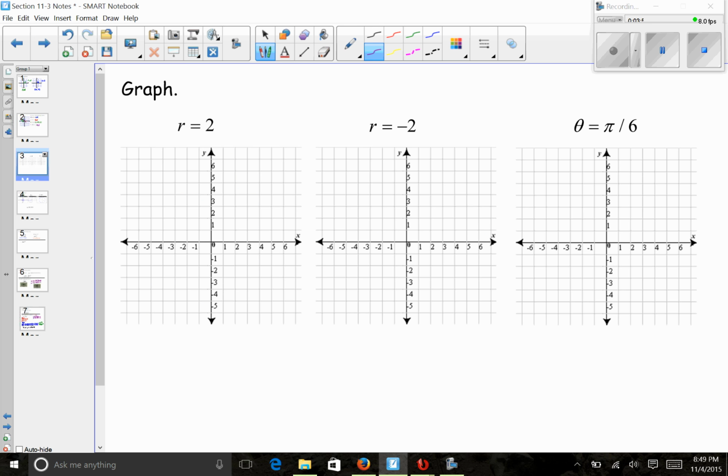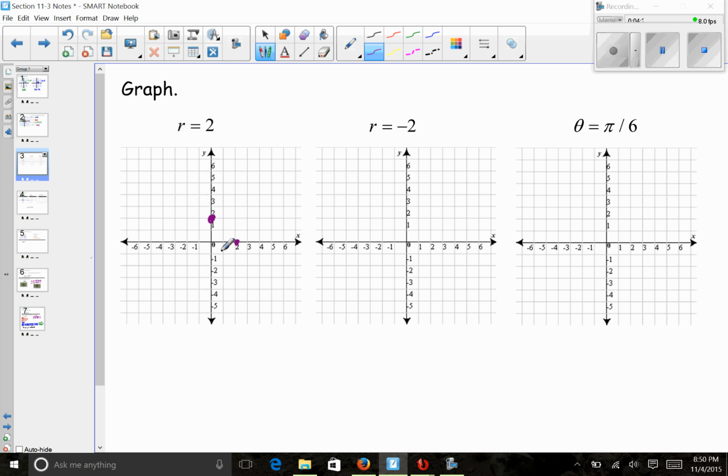In terms of graphing polar functions rather than just polar coordinates, here are some basic ones. If we are just told the radius, r equals 2, that means our angle can be anything we want. So if I measured an angle of 0, a point would be here. If the angle were pi over 2, it would be here.